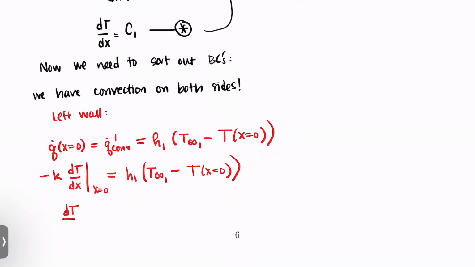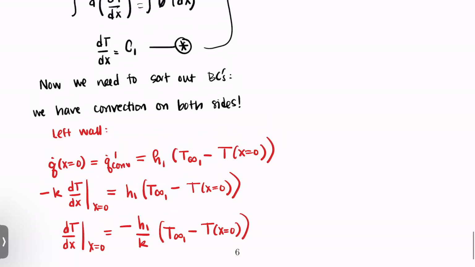So I have dT/dx at x equals 0 is equal to minus H1 over K times T infinity 1 minus T at x equals 0. So far, so good.